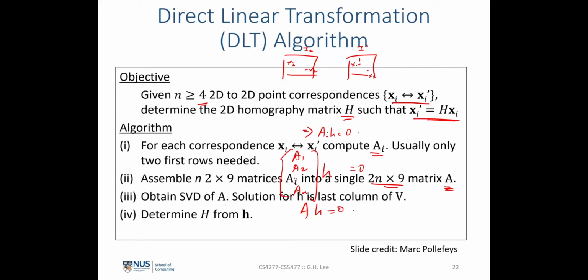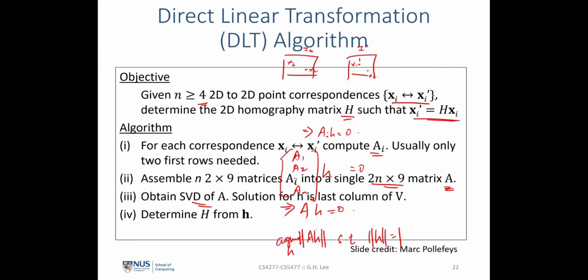And finally, we'll obtain the SVD of A, because the point correspondences are corrupted with noise, and hence the equation here is not going to be fully satisfied. This is why we simply minimize the norm of Ah over h, subject to the constraint that the norm of h should be equal to 1.